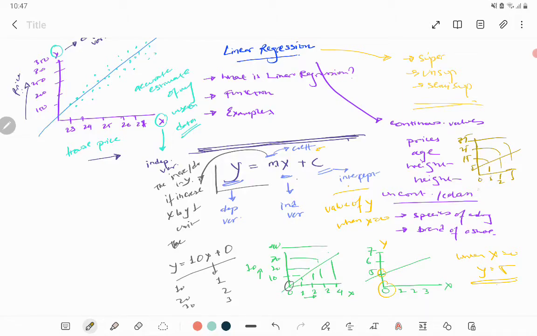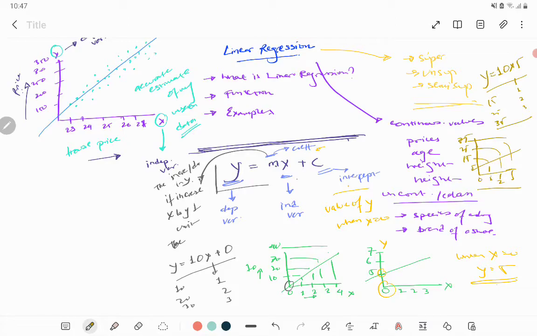For this, it's pretty obvious what's going to happen: our formula and hypothesis is going to look like 10x plus 5, where given x equals 1, y equals 15, 2, 25, 3, 35, and so on. So that's a quick example, and I think you have a pretty clear understanding of what y equals mx plus c is.